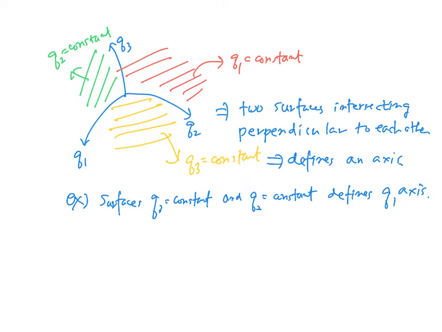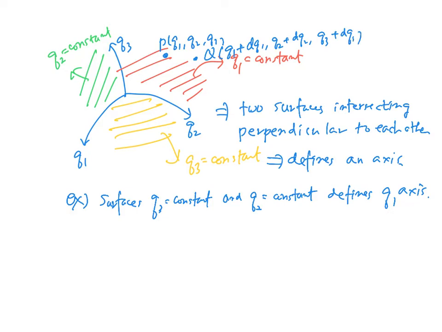So assuming that we have two different points, one is P, which is Q1, Q2, Q3, another is Q, which is Q1 plus DQ1, Q2 plus DQ2, Q3 plus DQ3.